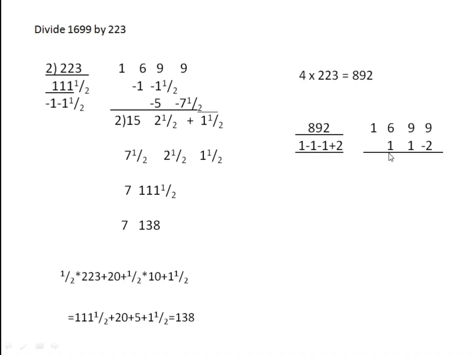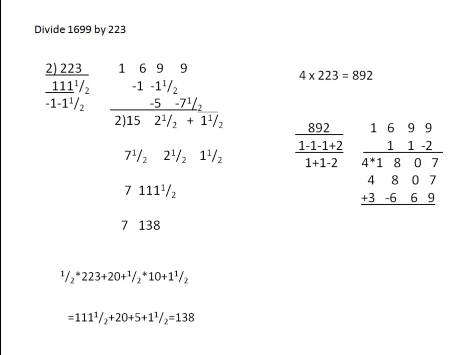So this gives you a much easier fraction, 1 minus 2, and that gives you 1807. But since we have multiplied by 4, we are going to multiply this quotient also by 4. And we got this remainder 807.